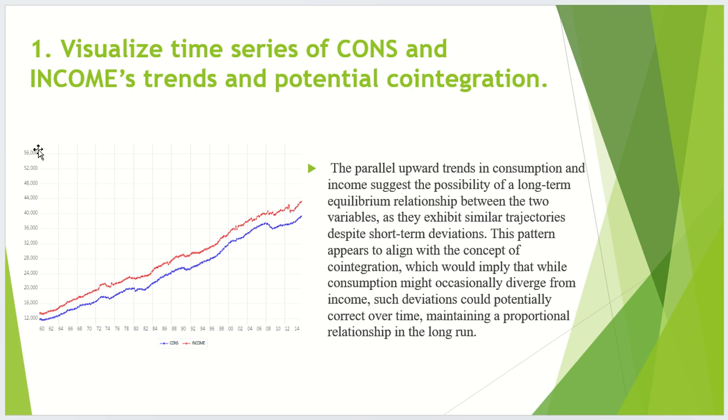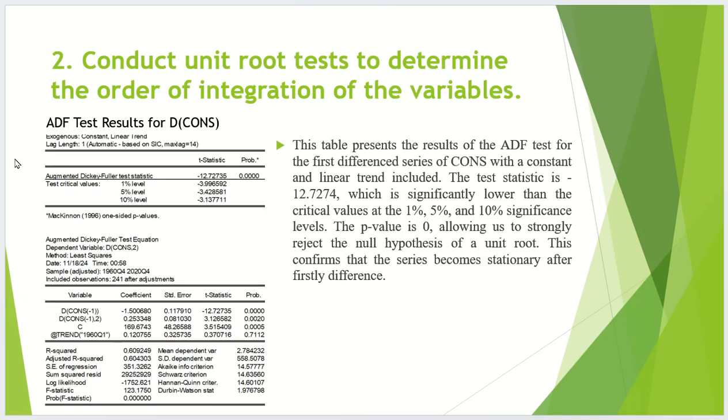For further analysis, we go to section 2 to conduct unit root tests to determine the order of integration of the variables. This table presents the results of the ADF test for the first difference series of consumption with a constant and linear trend included.